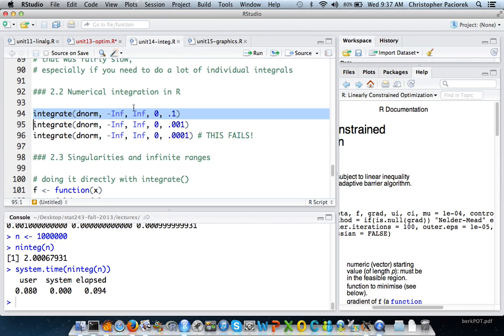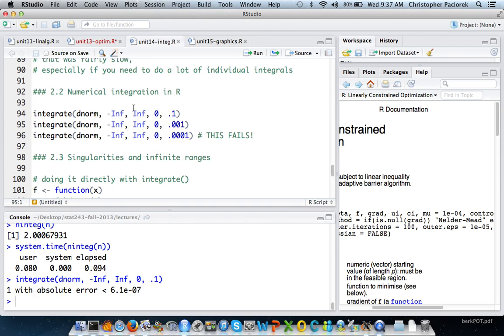We know that the integral of the normal density is just 1, but we can do this numerically and see that it does indeed give us 1 back. And as I said before, it gives us what it thinks is an estimate of the error. I don't know exactly how it's doing that, but I think it might be by doing a couple different methods with different degrees of accuracy.